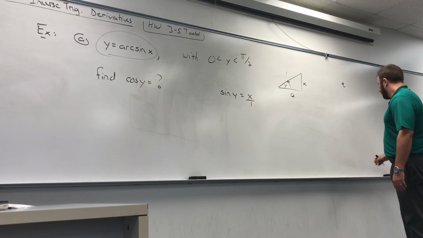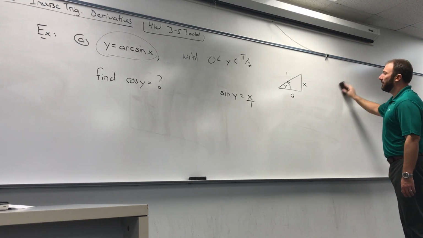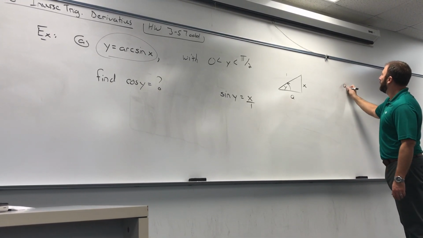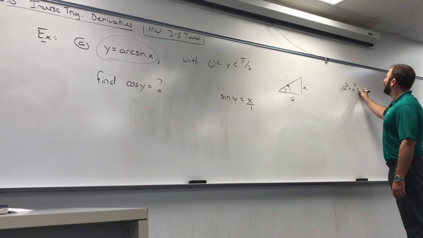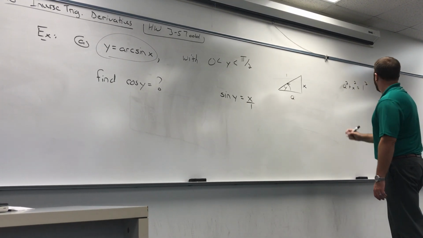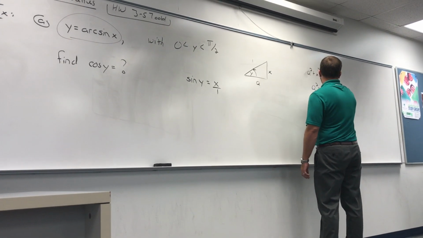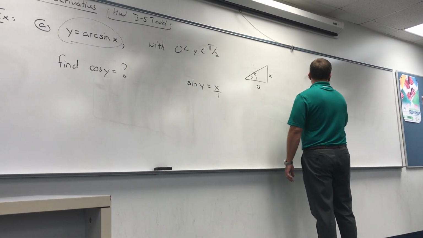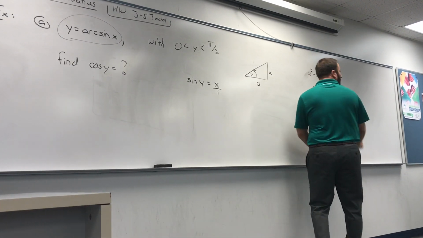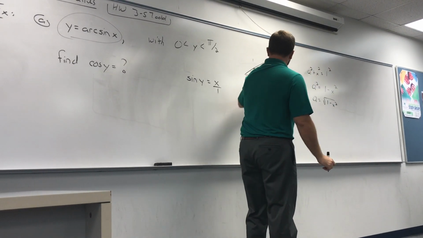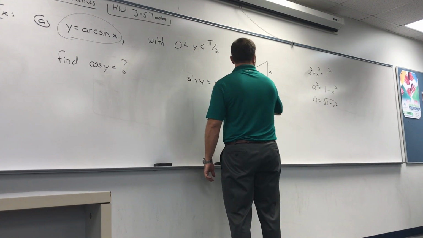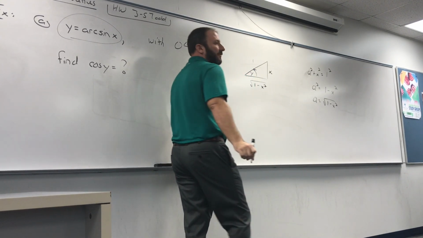So I know that q squared plus x squared equals 1 squared. So I want to solve for q. So q squared equals 1 minus x squared, so q would be the square root of 1 minus x squared. So this side here has to be the square root of 1 minus x squared.